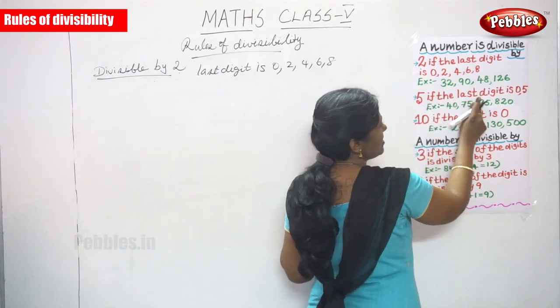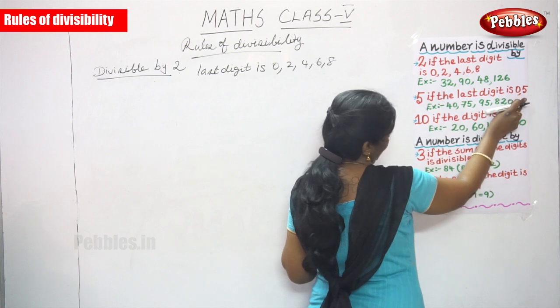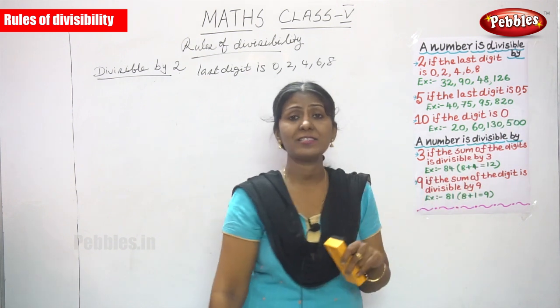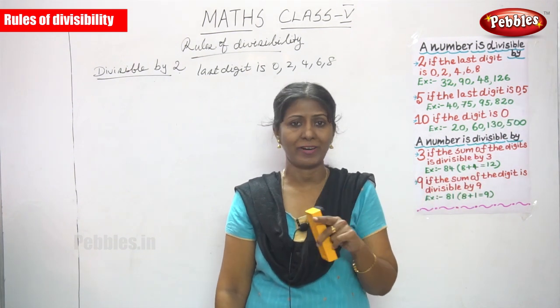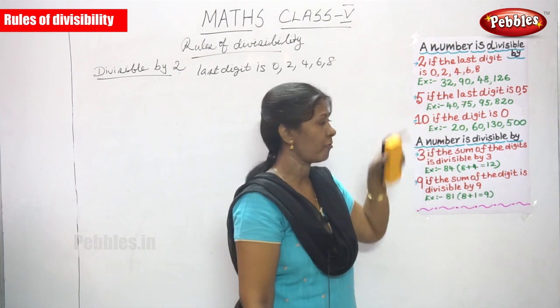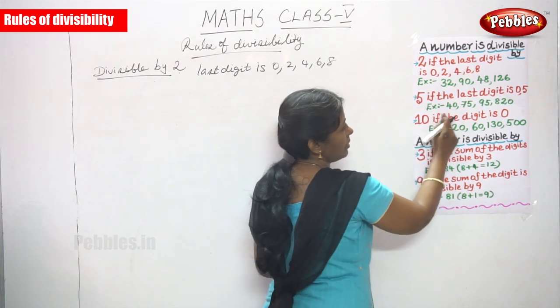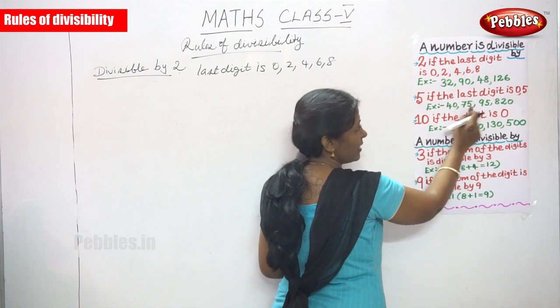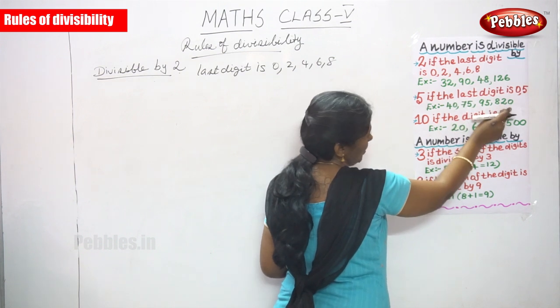Next, divisible by 5. If the last digit is 0 or 5, that means the last digit ends with 0 or 5, it is divisible by 5. Examples given: 40, 75, 95, 820.